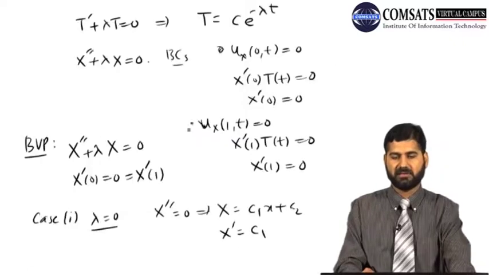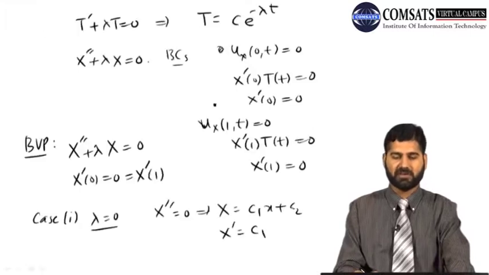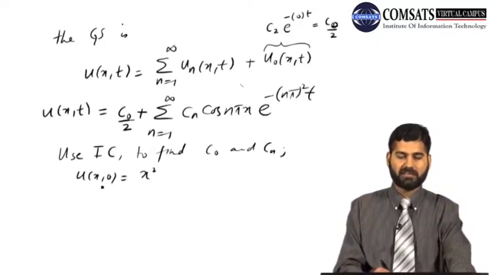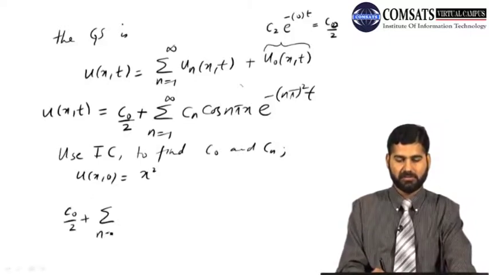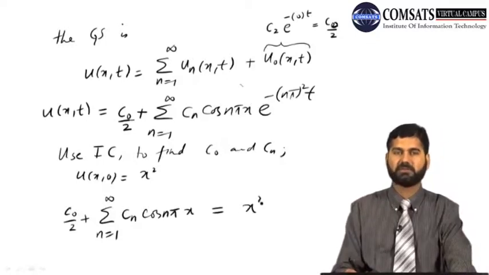Yes, here. The initial condition is x square, which we kept for the end, and now I can use it. So u(x,0) is c naught by 2 plus the sum from 1 to infinity of cn cosine n pi x, and e to the power 0 is 1. This is equal to x square.